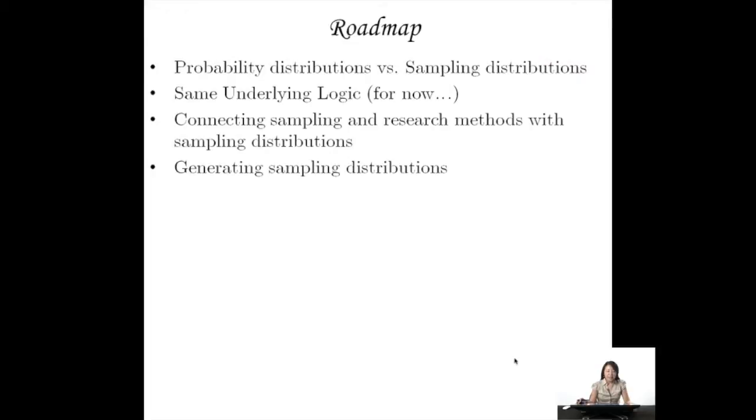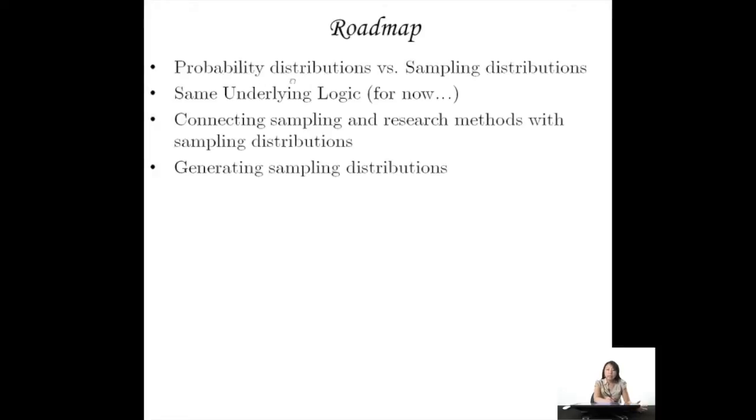So here's the roadmap. We've been talking about probability distributions, and that's what we call probability distributions of probabilities from discrete outcomes. But now we're going on to sampling distributions, and that's what we call distributions of outcomes that are continuous.